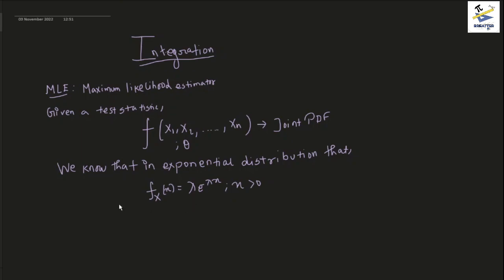Now the joint PDF for x1, x2 up to xn would be the following. The likelihood function is written as L of x colon theta, where theta is the parameter.